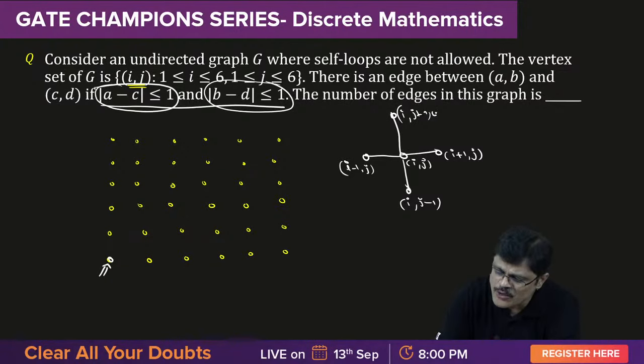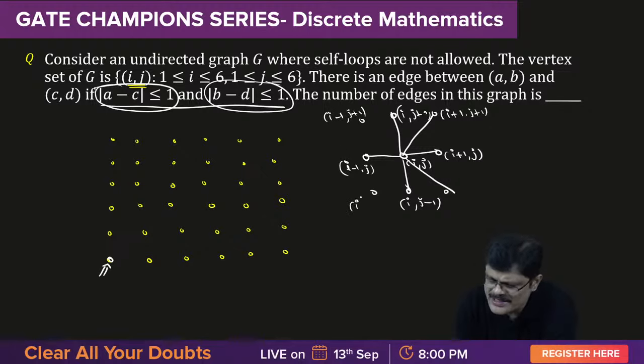And if you see these coordinates, which are at diagonals, here what is happening? It is i plus 1, j plus 1. Here, this fellow is i minus 1 and j plus 1. What about this? This is i minus 1, j minus 1. And this one is i plus 1, j minus 1.